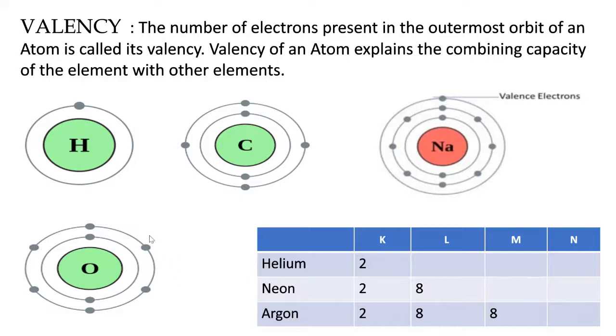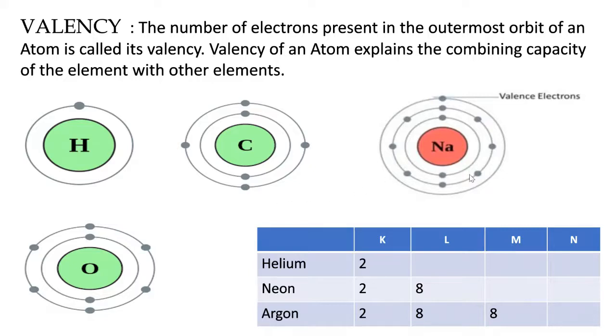So 8 minus the number of electrons in the outermost shell, which here is 6, so 8 minus 6 gives the valency of oxygen as 2. Okay children, that is why if there are more than 4 electrons in the outermost shell, we take valency as 8 minus the number of electrons in the outermost shell. Otherwise, if you have 4 or less than 4, the number of electrons in the outermost shell will be its valency.